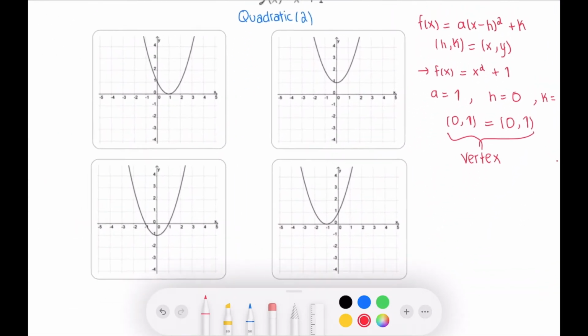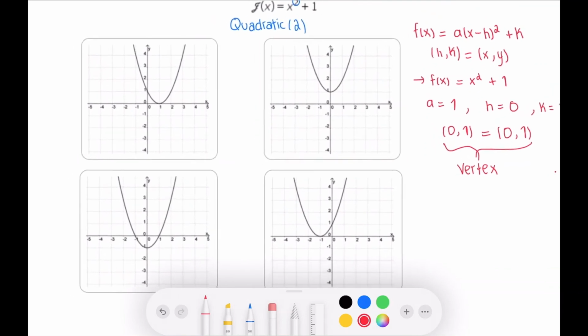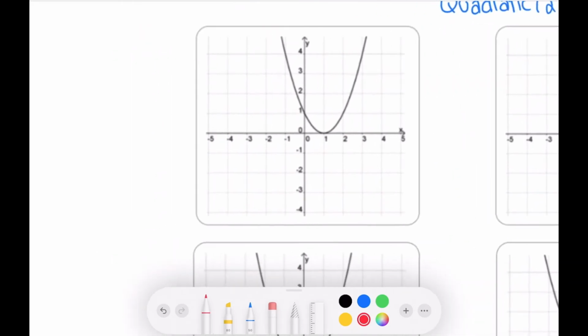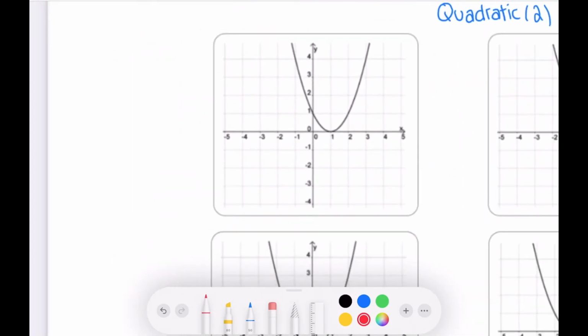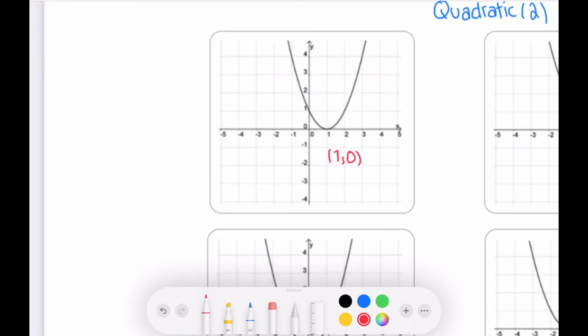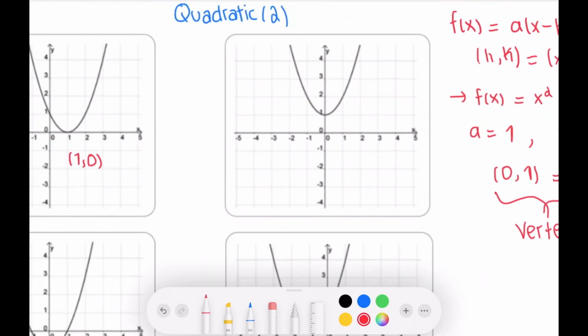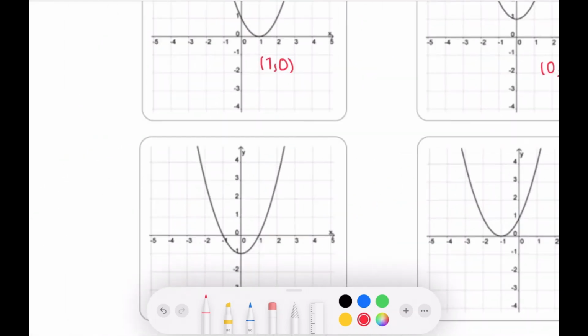So let us see which one has a vertex of 0 and 1. So let's see the first graph. In the first graph, it would be 1 and 0. In the second graph, the vertex would be 0 and 1. Let's see the third graph.